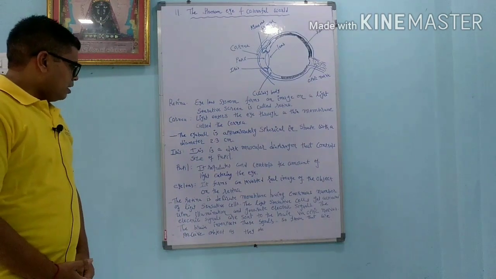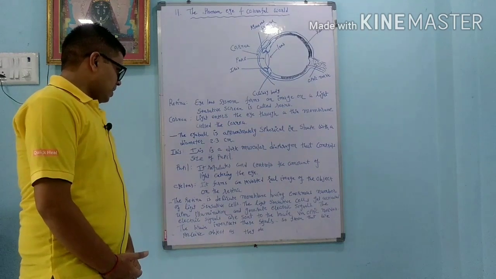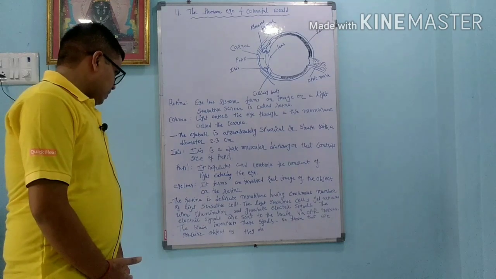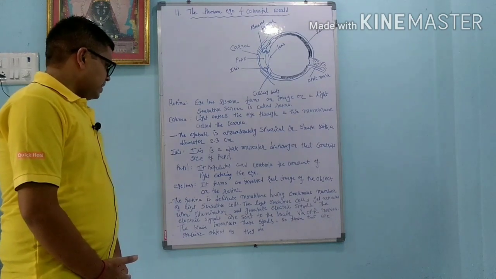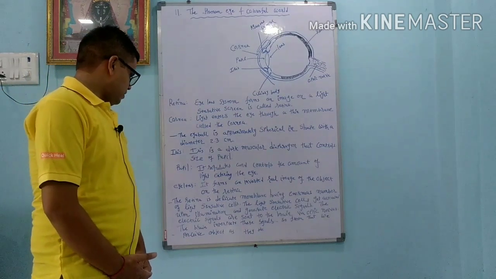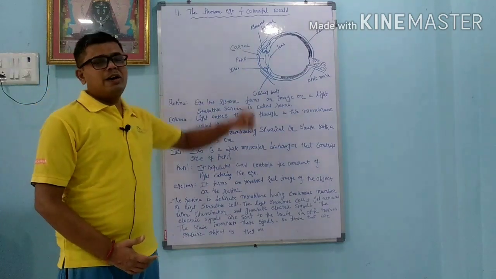The retina is a delicate membrane having an enormous number of light sensitive cells. The light sensitive cells get activated upon illumination and generate electrical signals. The electrical signals are sent to the brain by the optical nerve, and the brain interprets these signals, so from that we perceive the objects as they are. So dear student, this is all about the eye.